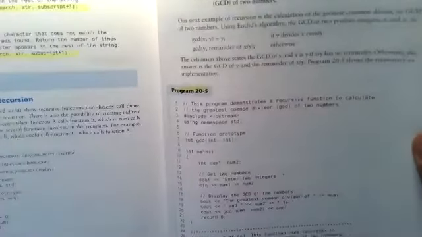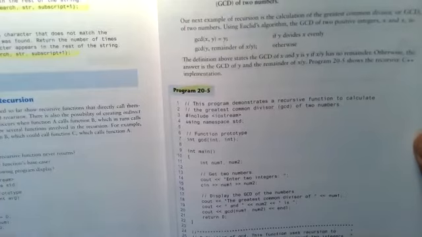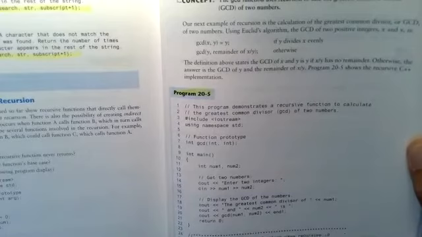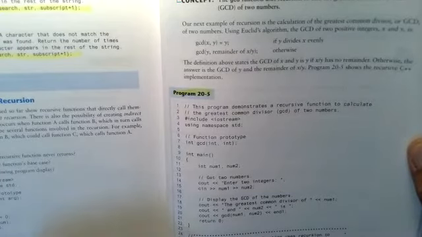A couple of code listings I had you look at that are worth pointing out. 20.5. So way back when some of you had me in 121, you may have had to write a method to do the greatest common factor or the greatest common divisor. And here's an example of that method.